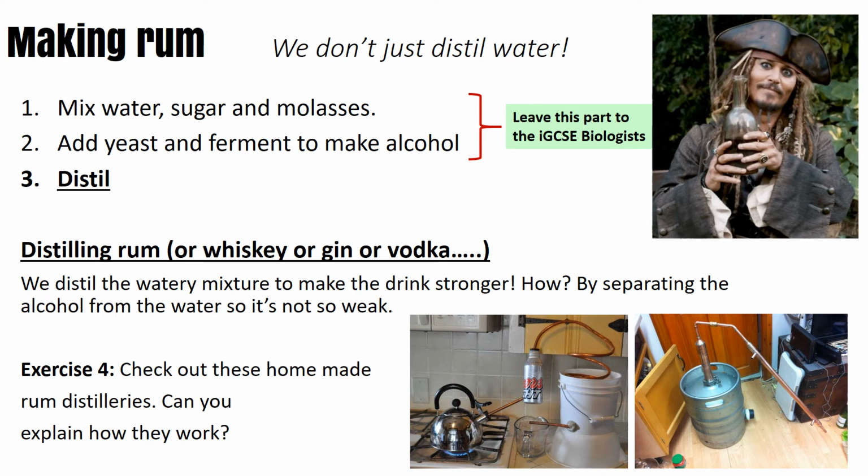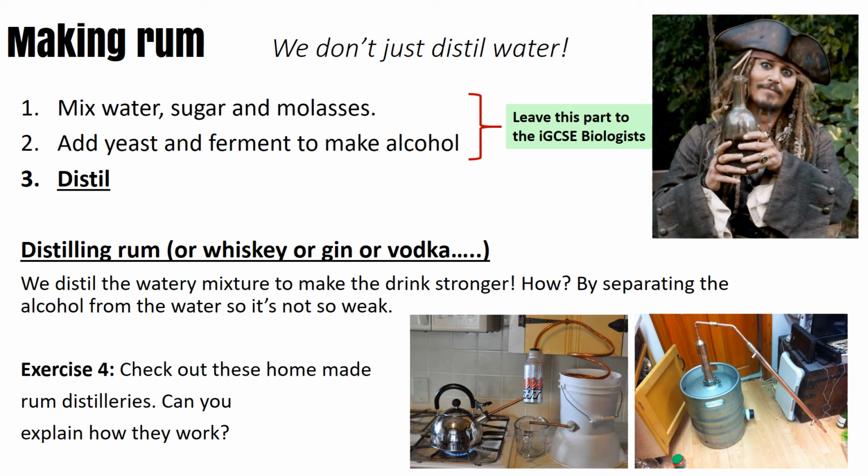So you use exactly the same piece of equipment as we've just described, a fractional distillation. And we're doing fractional distillation because water and ethanol have quite a similar boiling point. The ethanol boils just slightly sooner than the water.